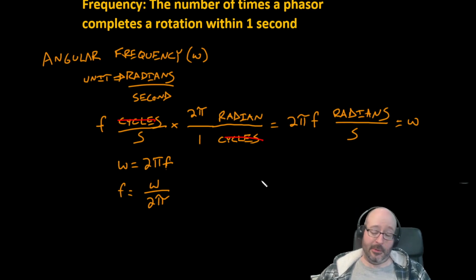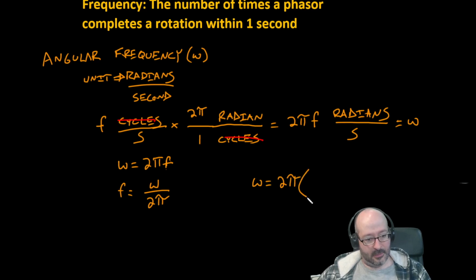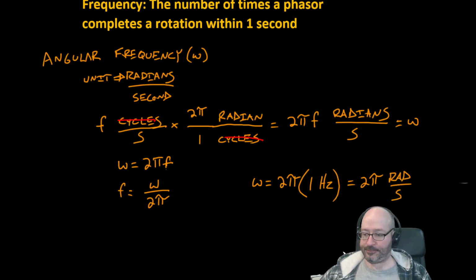For our example, we know f is 1 cycle per second. So if we want to find omega, we say it's 2 pi times 1 cycle per second, or 1 hertz. Let's go ahead and use the unit that's more common. And we would find that we have an angular frequency of 2 pi radians per second.